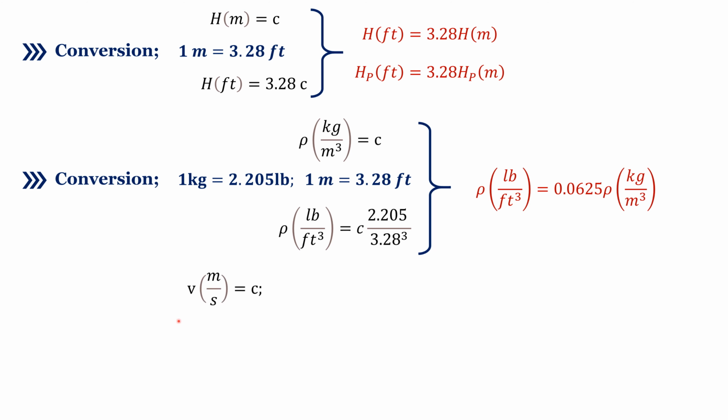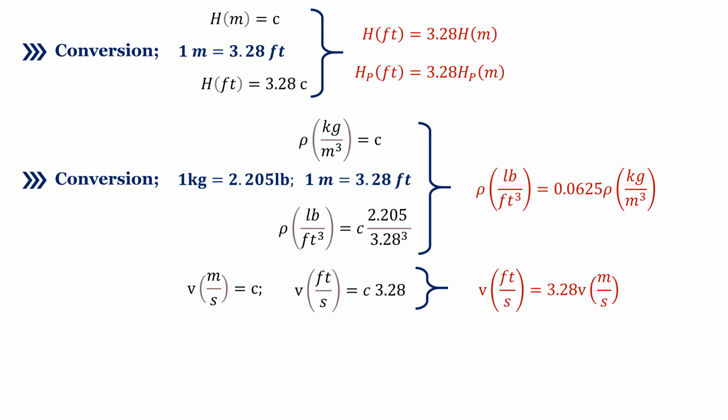Now in the same way we can convert the velocity into FPS units. So assume this velocity equal to some constant. Now convert this constant to FPS units. Out of these two equations, we can write V in feet per second equal to 3.28 V in meter per second.